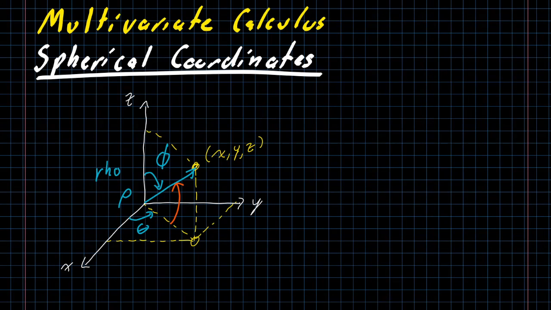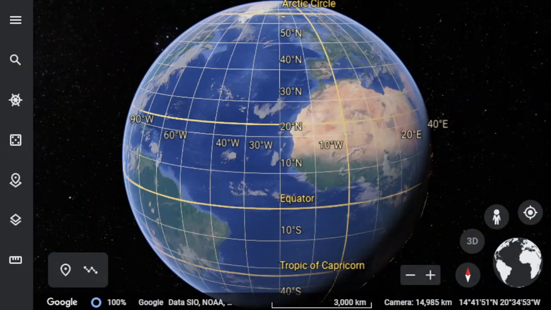And in fact, with this definition, instead of letting theta go from 0 to 2 pi, 360 degrees, we're going to go from negative pi, negative 180 degrees, to positive pi, positive 180 degrees. The application that I'm talking about is latitude and longitude on a globe.